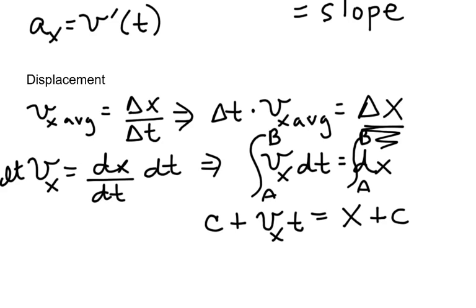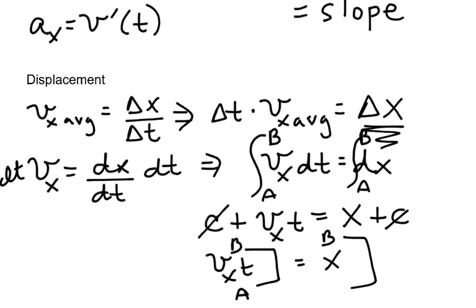So we have a constant there. Because we have a constant on both sides of the equation, we can go ahead and cancel those out. And see that I'm left with v sub x t, with B at the top and A at the bottom, is equal to x, with B at the top and A at the bottom.